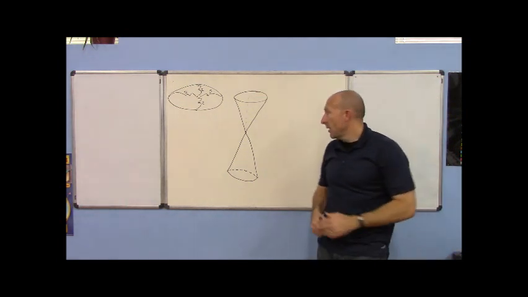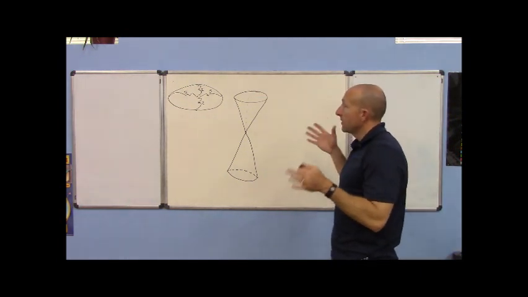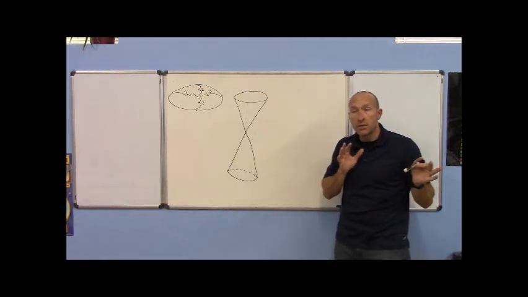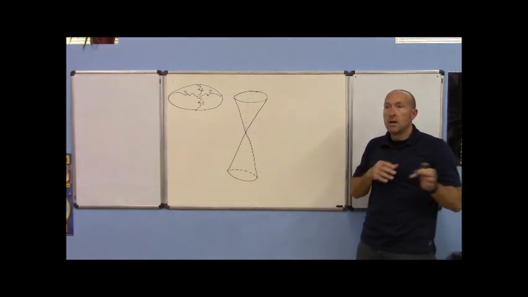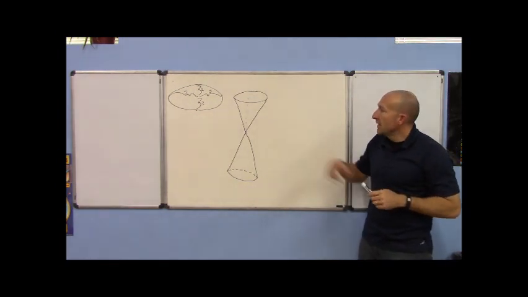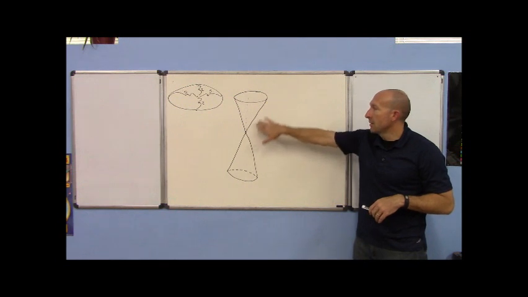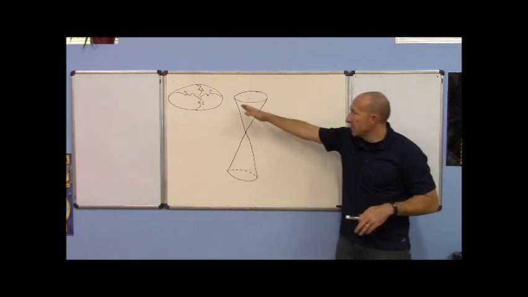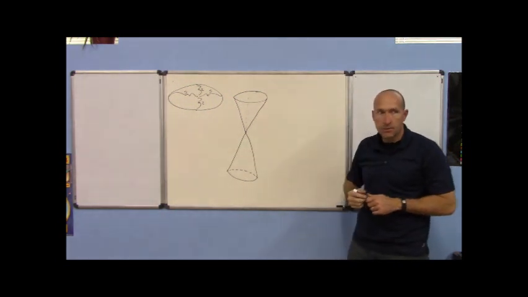To accomplish that, this is very similar to what we just did with the parabola, only the paper is not going to be parallel with the side of this conical surface.